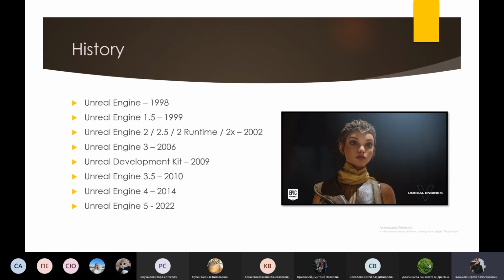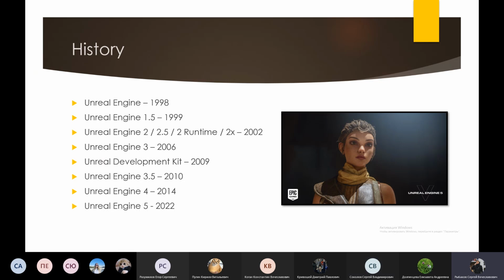In 1.5, facial animation was added. After that, fluid surface, foliage, graphics optimization. The third engine uses two parallel threads, shadows and dynamic shadows.